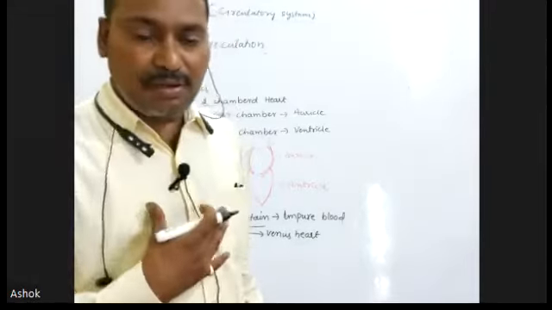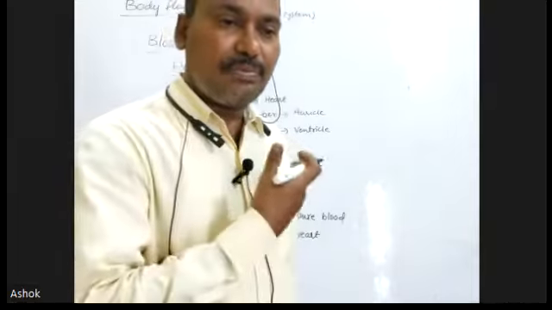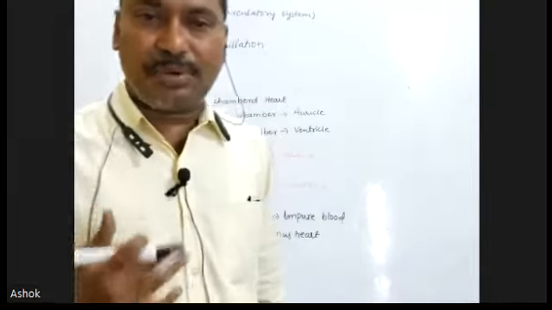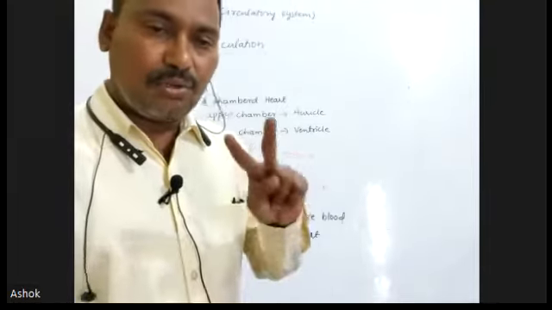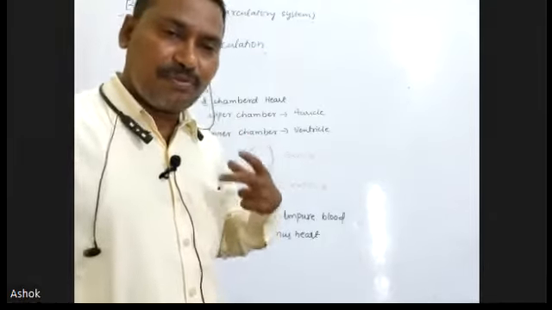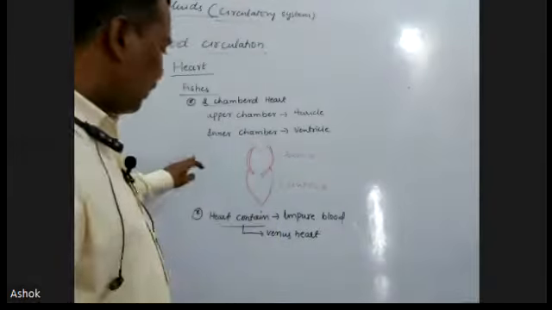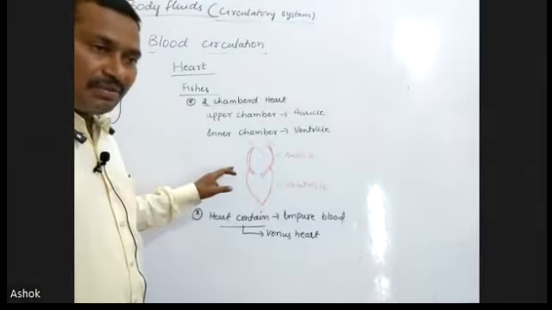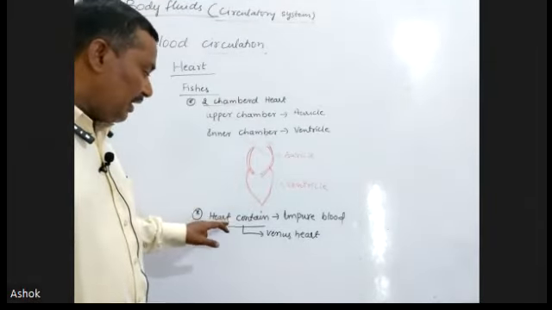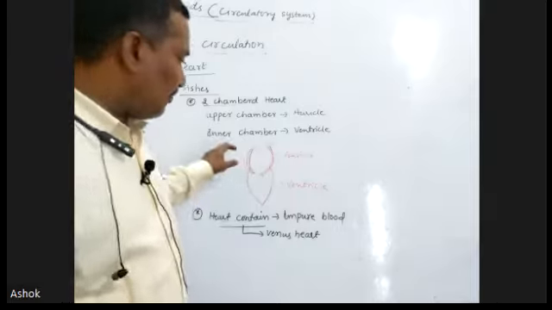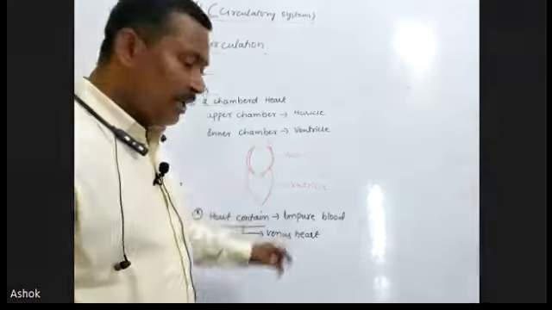Take our heart: one side has pure blood and the other side has impure blood. Both pure and impure blood must flow in our heart. But in the fish, only impure blood flows from the heart.